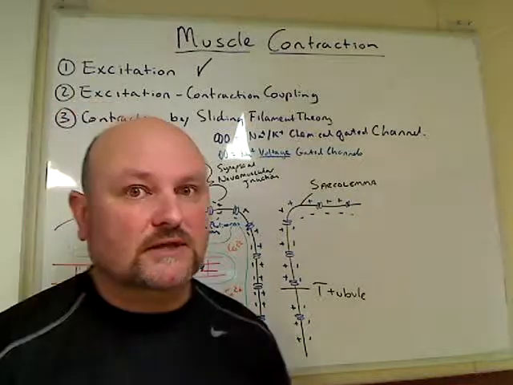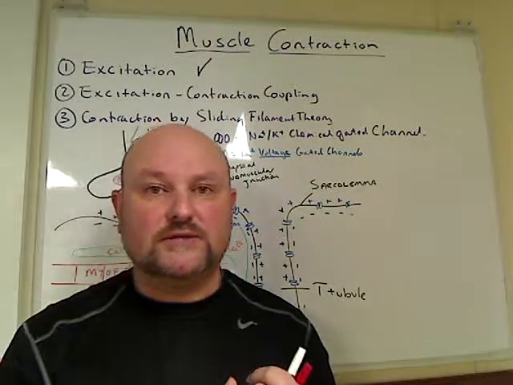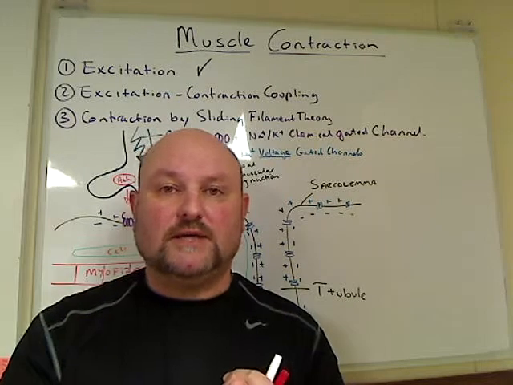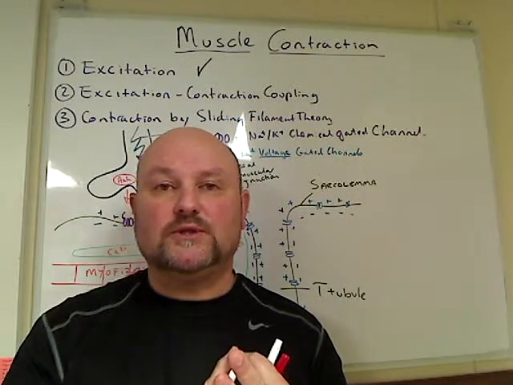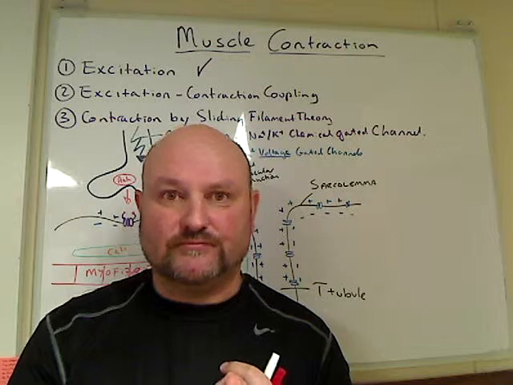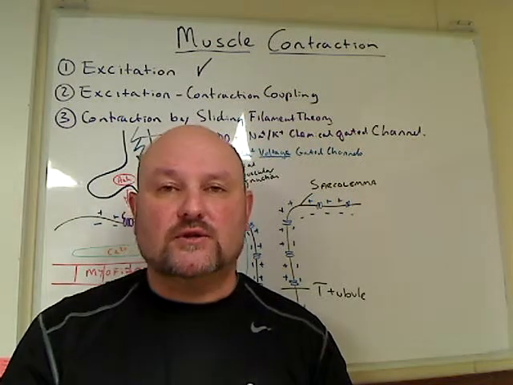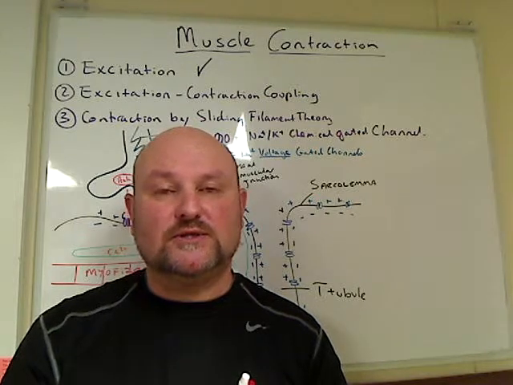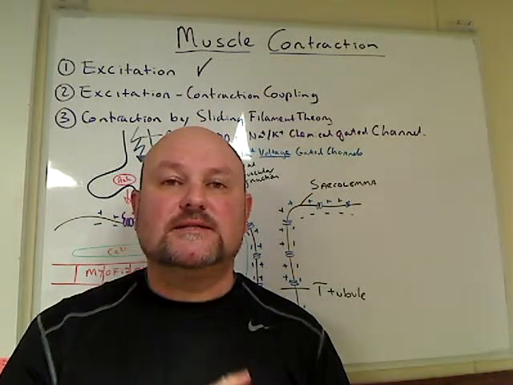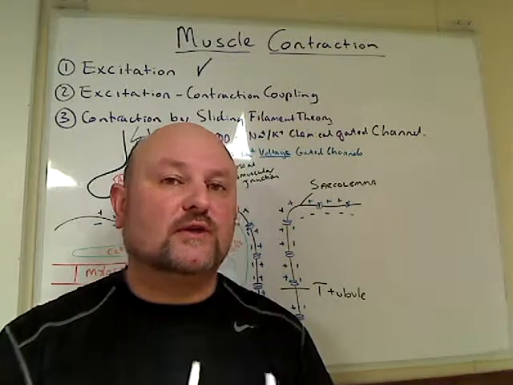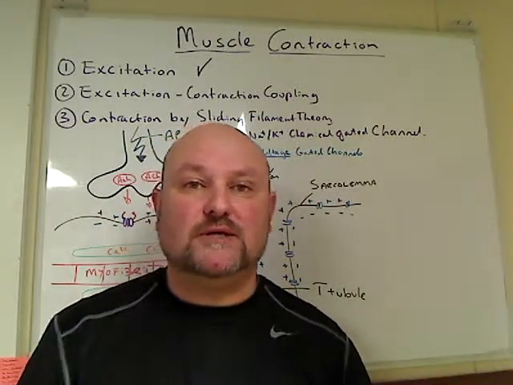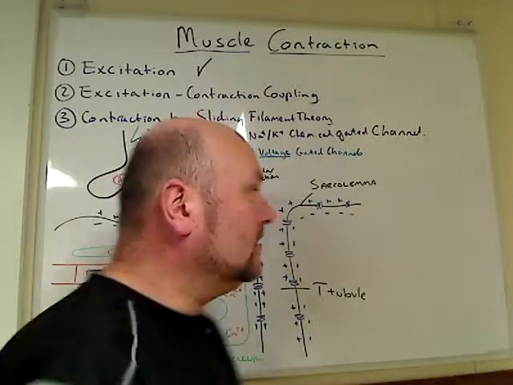So we've had our stimulation from the neuron, acetylcholine's been released and bound to the muscle cell membrane, the chemically gated protein channel has opened, sodium ions have entered. This has caused a depolarization of the muscle cell membrane, or sarcolemma to use its proper name, and this depolarization event causes positive charge to build up on the inside of the sarcolemma.